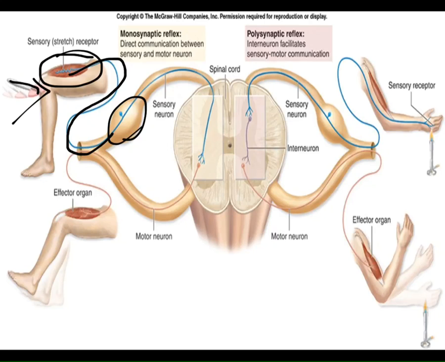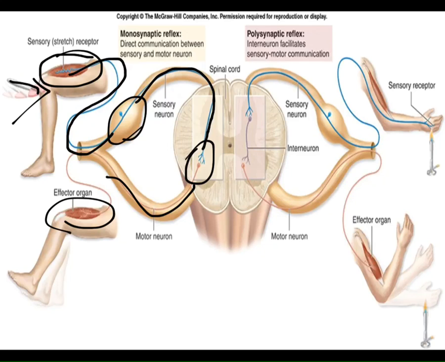Oh, there it is, right? There is that unipolar cell body that we see within the ganglion. Comes in the back door and doesn't even touch an interneuron. Instead, it goes directly to a motor neuron on the way out, and then comes out the anterior root and goes to, in this case, the organ. Now, what kind of signal is this? It's going to what kind of muscle?